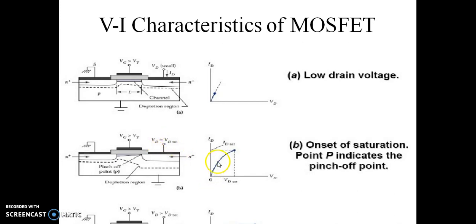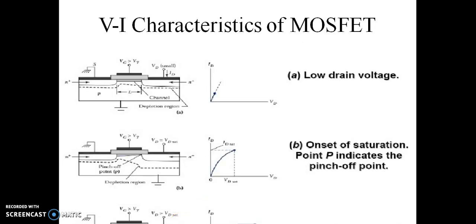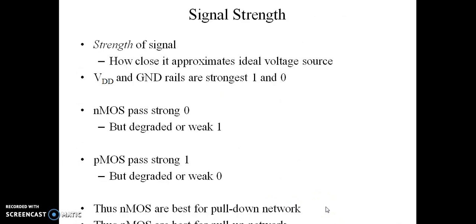Current is flowing following Ohm's law: current increases with the increase in voltage. And last is the saturation state. Here, whenever VGS is greater than VT and the drain to source voltage is also greater than VD saturation, you get the highest value of current, but it is in saturated form. That's why we say it is in the saturation region.